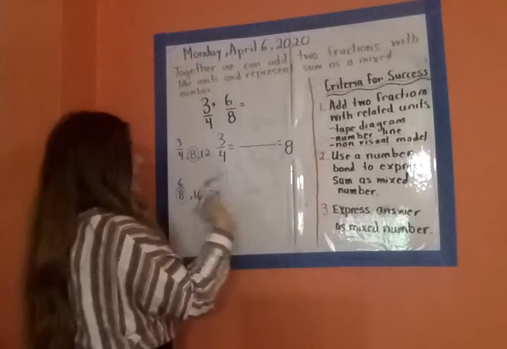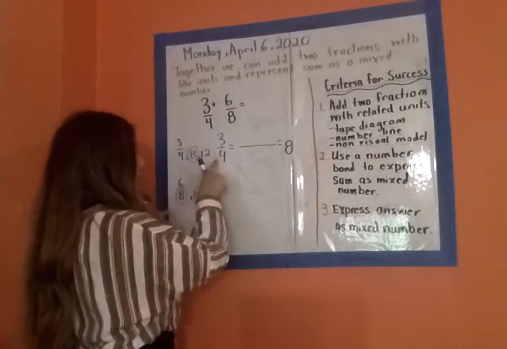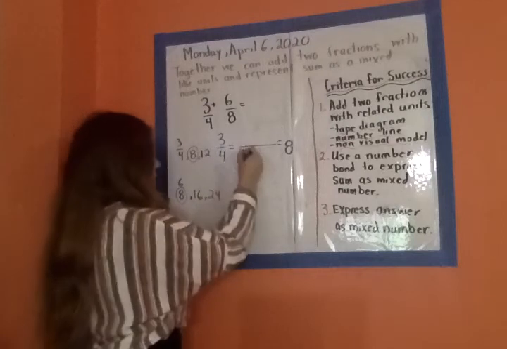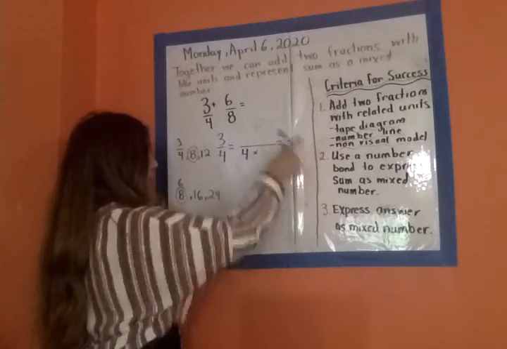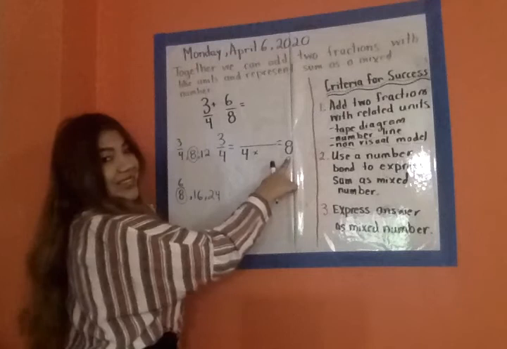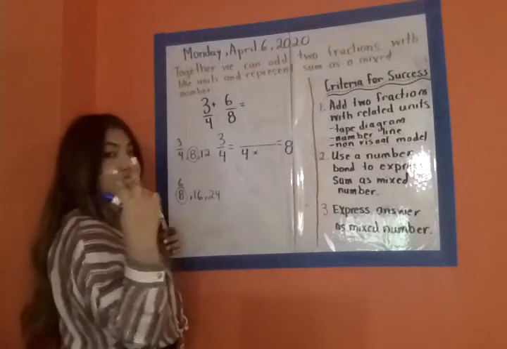Denominator first: the denominator times a factor gives me a product of 8. So 4 times what gives me 8? You're thinking with me. 4 times 1, 4 times 2, friends. Yep.